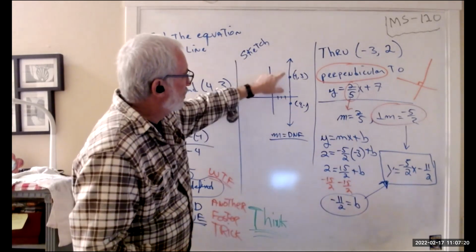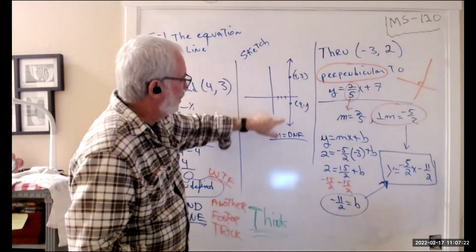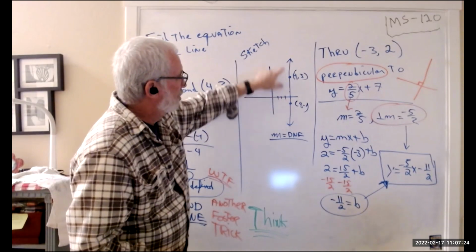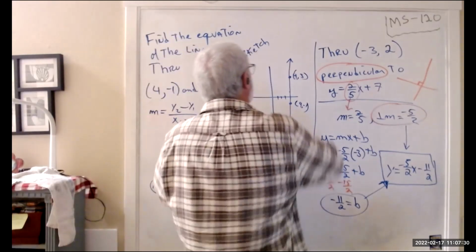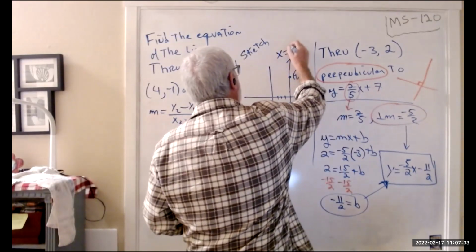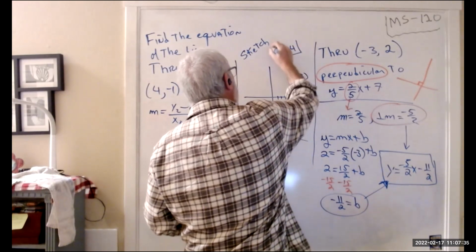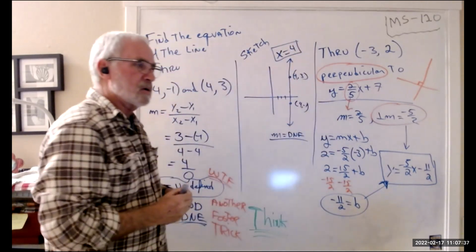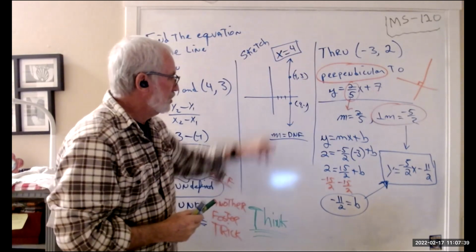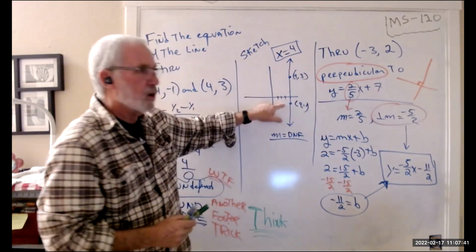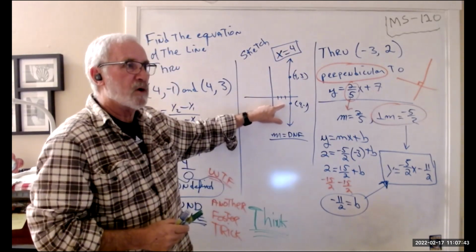What do you see these dots have in common? X is what? 4. 4. Therefore, this is the line where x equals 4. That's the answer to this problem. By sketching it, studying those points, I go, whoa, x is 4.